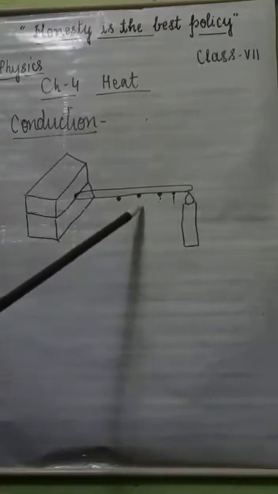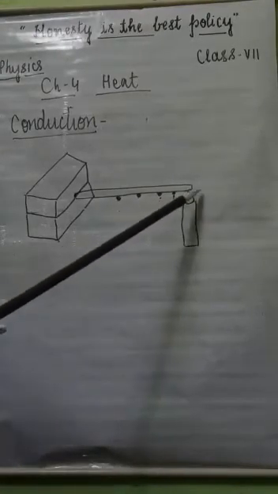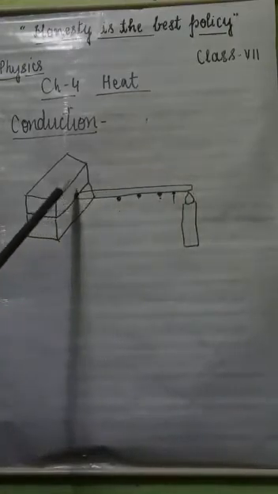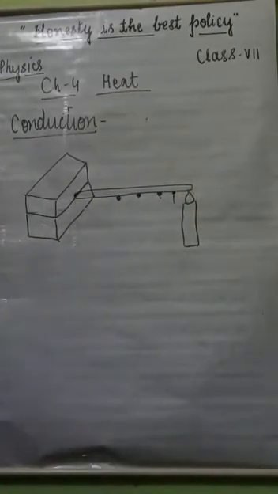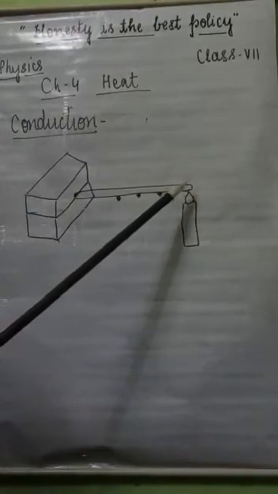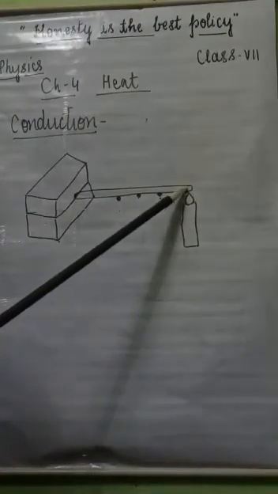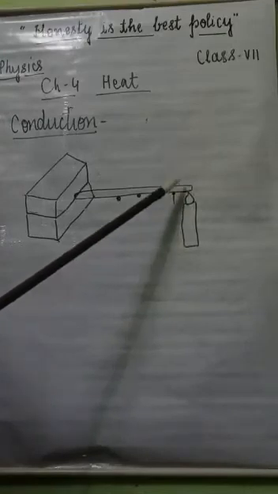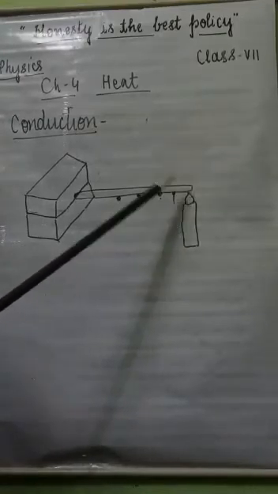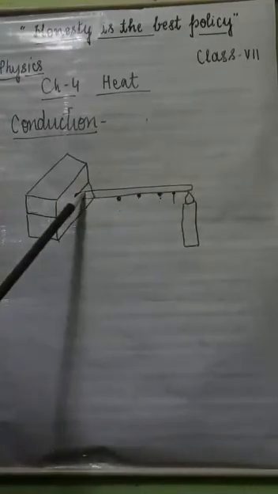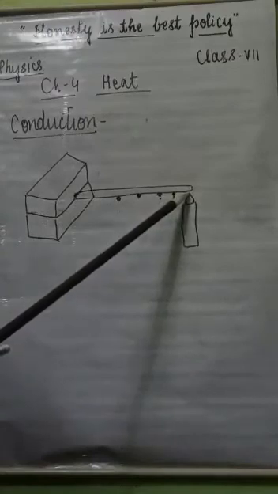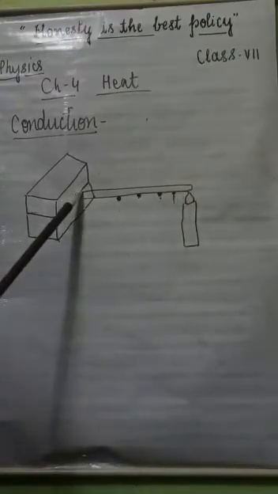In this way, we can say that heat transfers from one end to another end. The end of the iron strip which is in contact with the flame is the hotter part, and the other end which is farther from the flame is the colder part. So heat is transferred from hotter part to the colder part.